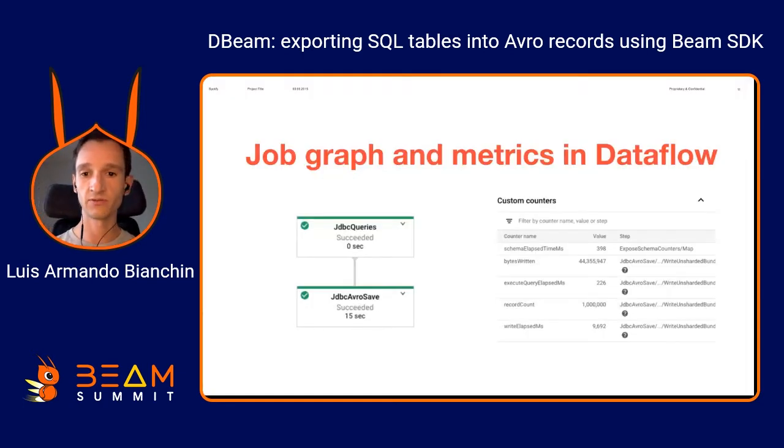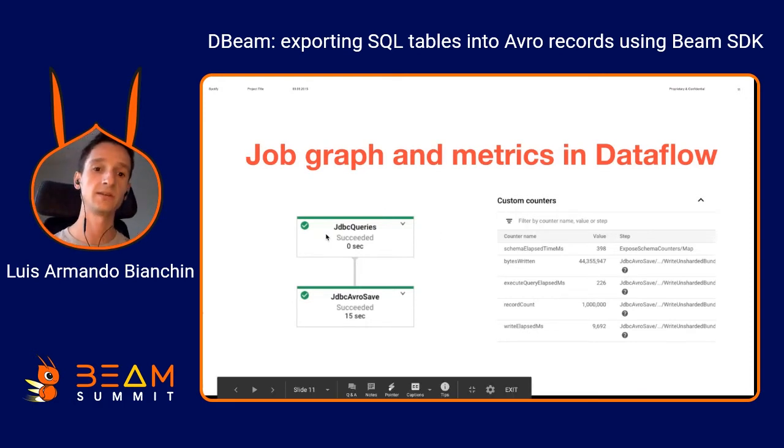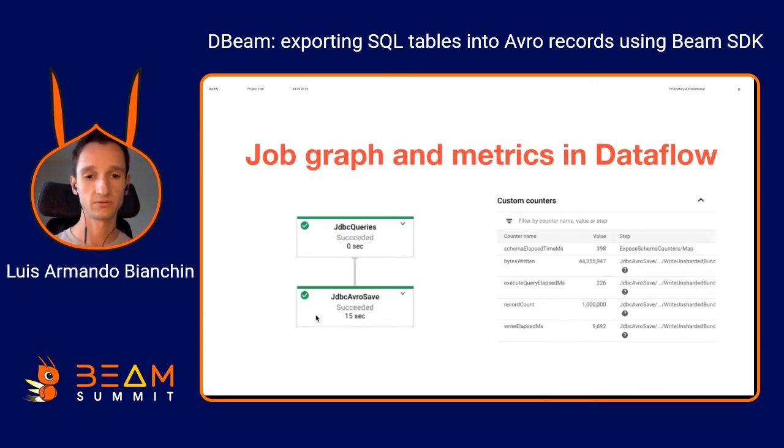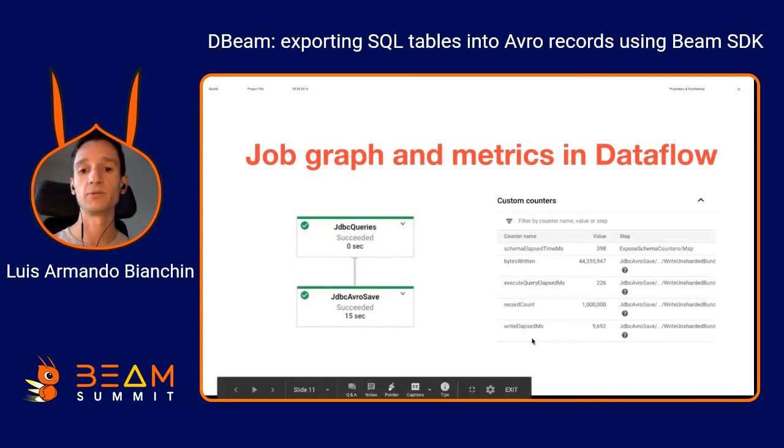And when it runs on Dataflow, it looks like a very simple job graph. It basically prepares the query, runs the query and exports to Avro records. And it also exposes some metrics like how much time it took to export, how many records were exported, and how many bytes were written.